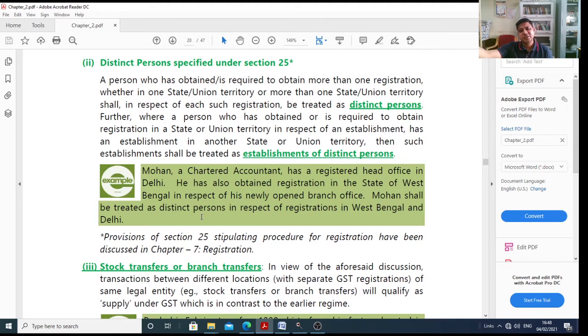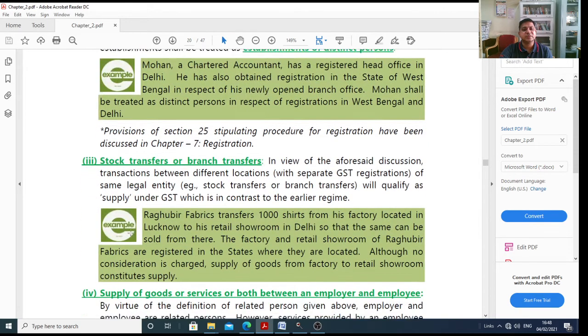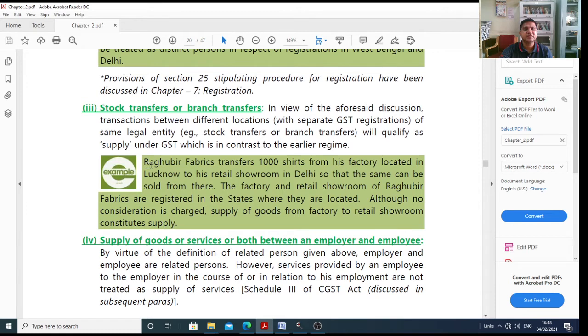If I do business in Gujarat, I should register in Gujarat also. It is mandatory to register in each and every state where you do business or give services. Then stock transfer, branch transfers. Now one more example that we will discuss.